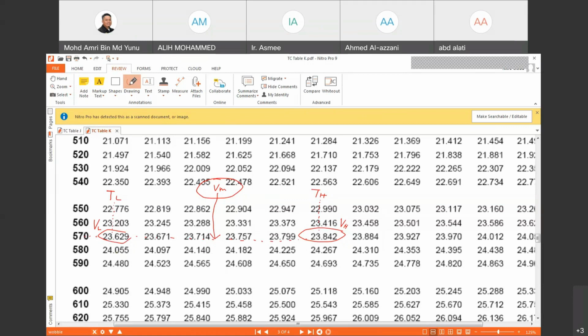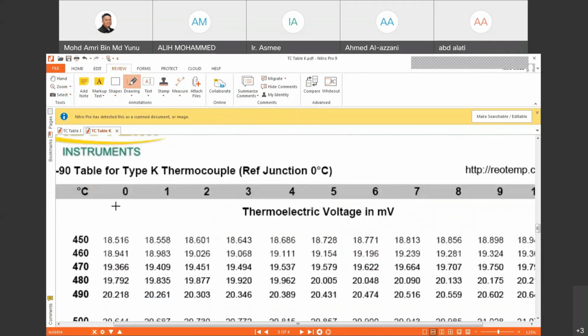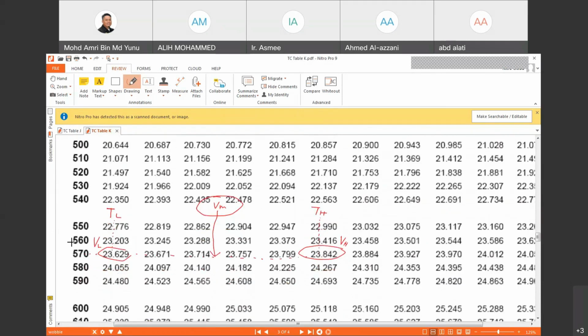So in this case, our VL, our low, will be 23.629 millivolt, and our low TL, we look at this 50 and then look at the 0. So our TL is 570 plus 0 degrees Celsius.